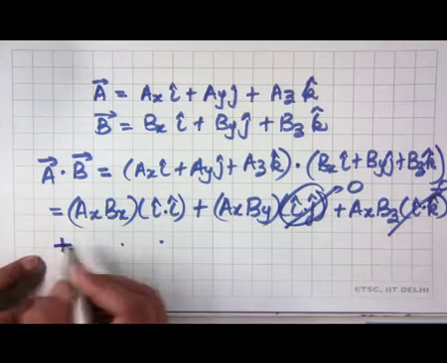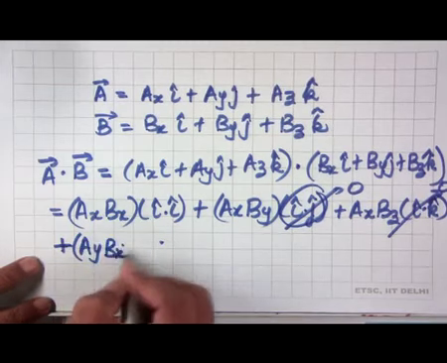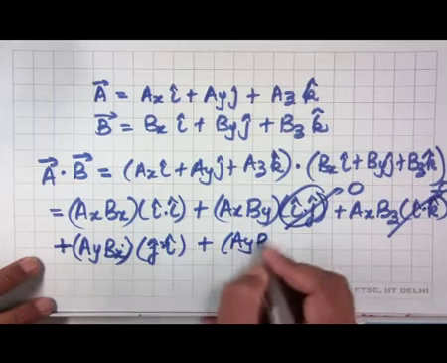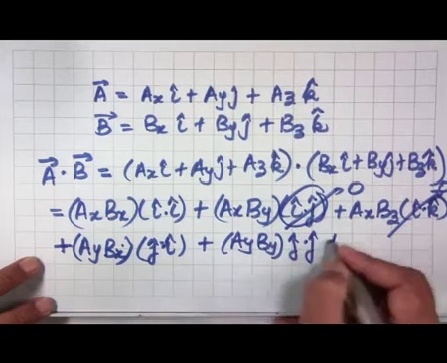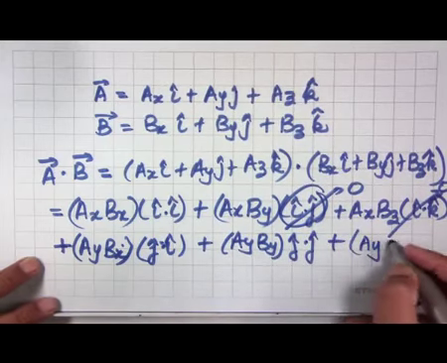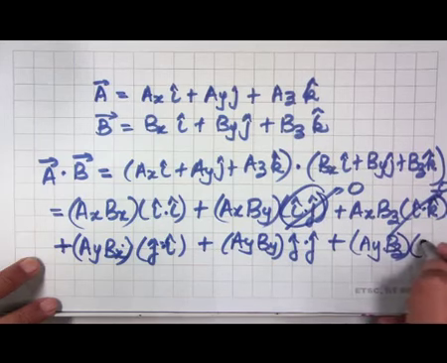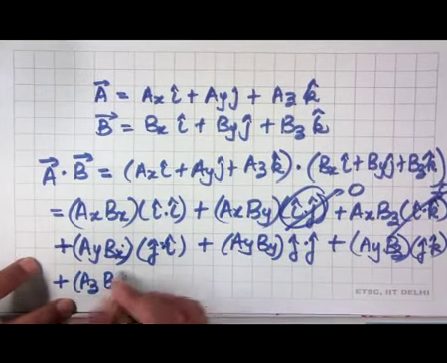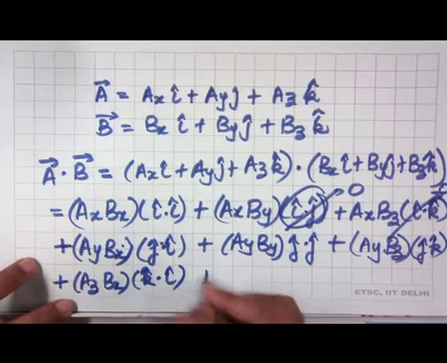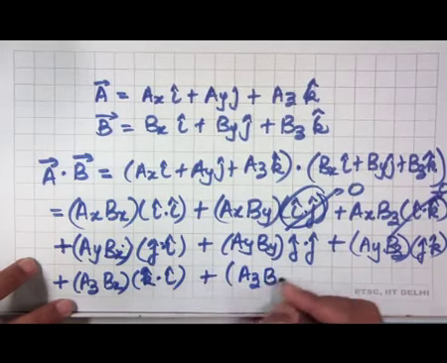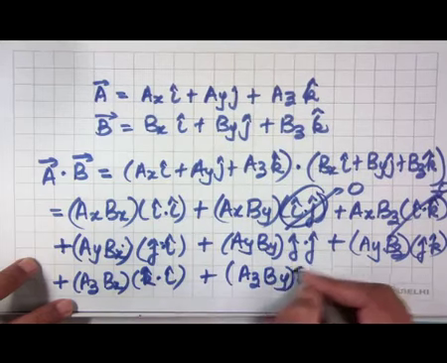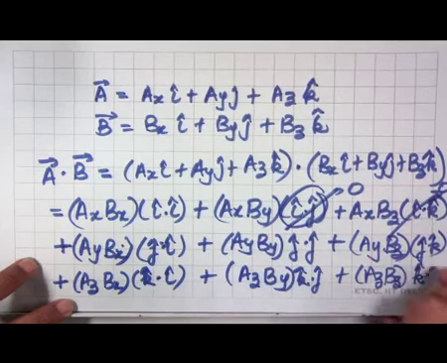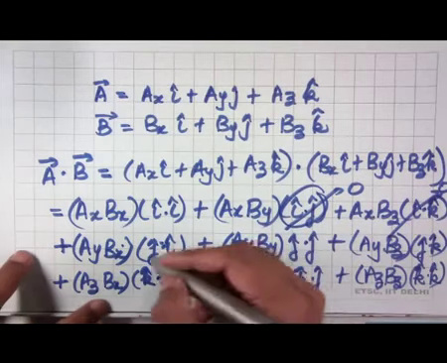This second term, let me expand this fully, this will give me AY BX times j dot i plus AY BY j dot j plus AY BZ times j dotted with k, and then plus AZ BX k dotted with i plus AZ BY k dotted with j plus AZ BZ k dotted with k.